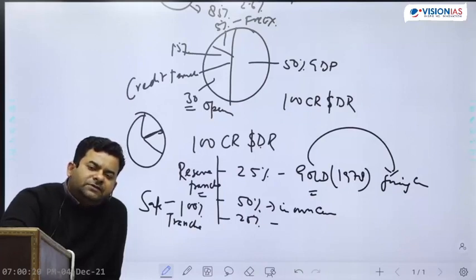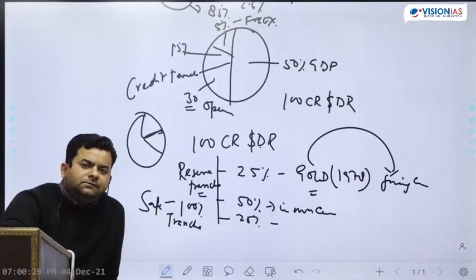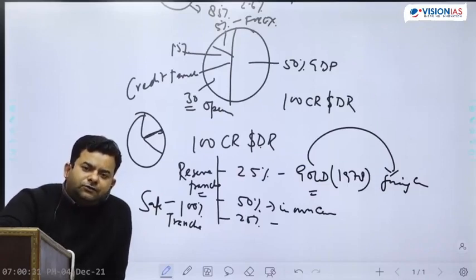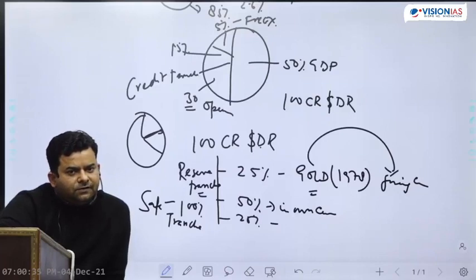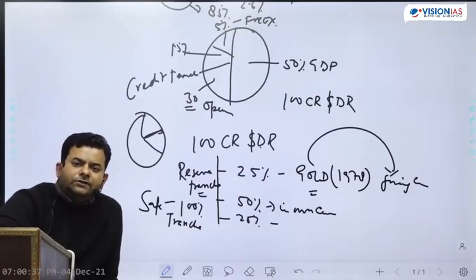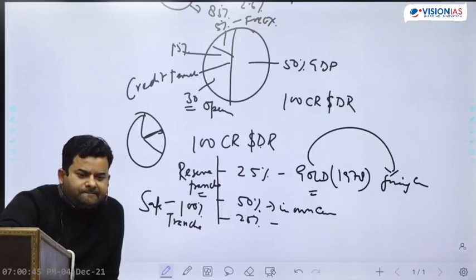So in the above example, another 100 SDR easy loan will be provided, called credit tranche. Fine.